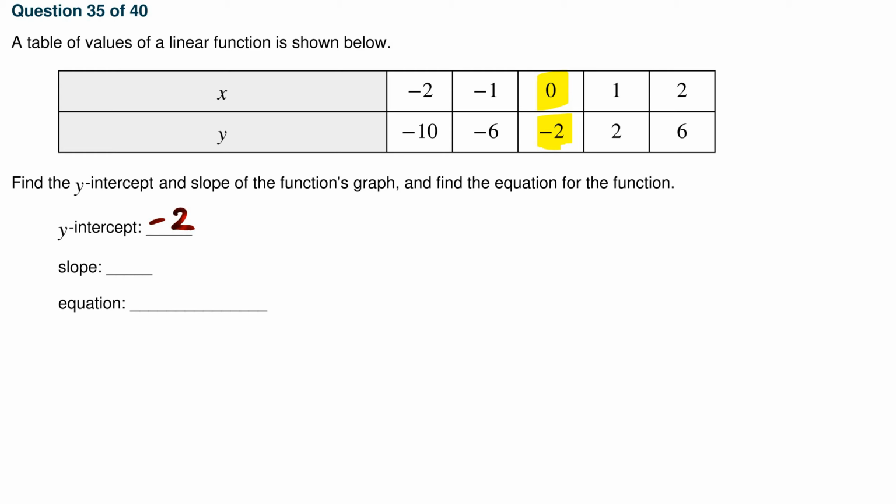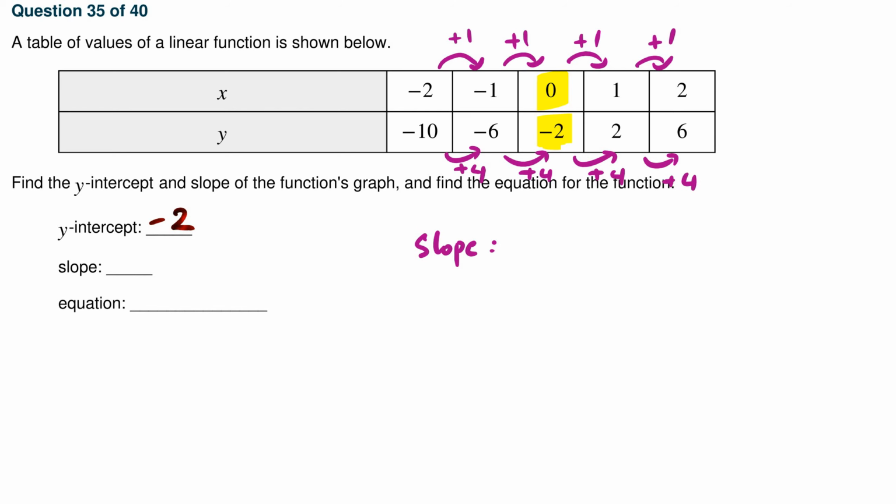Let's say I use the pattern of the table. I see that the table x value is increasing by 1, right? And the y value is increasing by 4. So slope is the change in y over change in x. That will be 4 over 1.